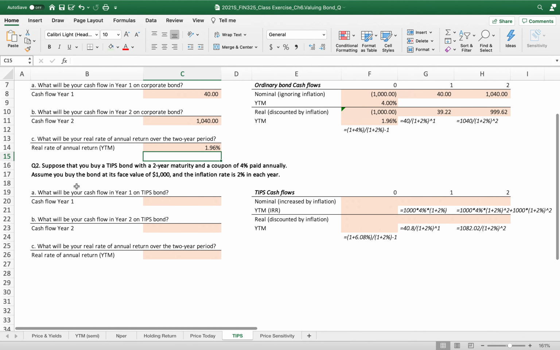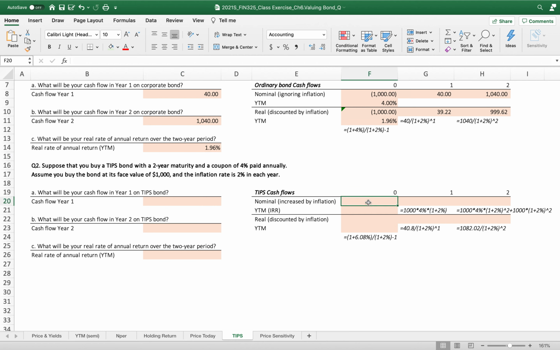But once we purchase a TIPS bond with a 2-year maturity and a coupon of 4%, okay, we have the same situation, the same bond type, but the TIPS bond is totally different. Why? Okay, starting from the $1,000 investment in TIPS, this $40 should be increased.